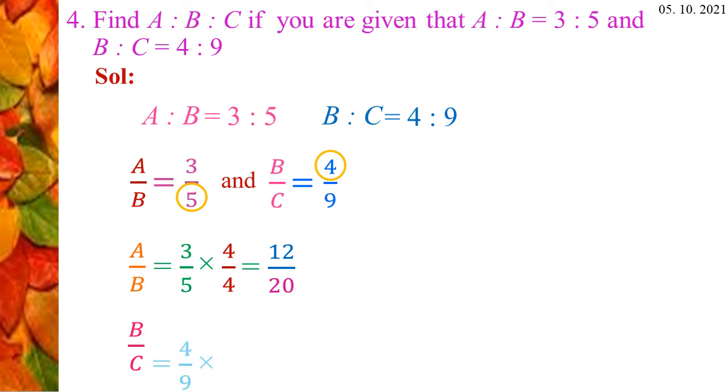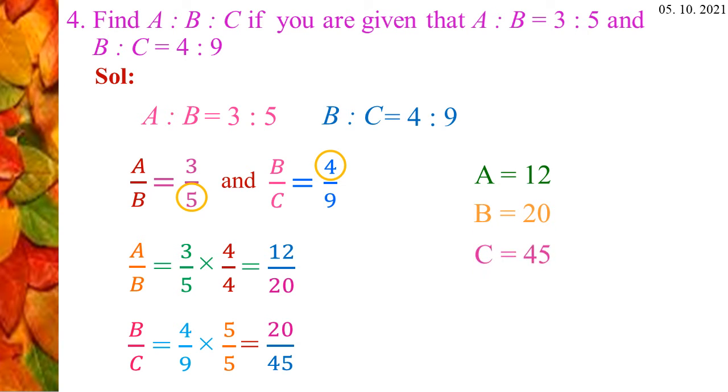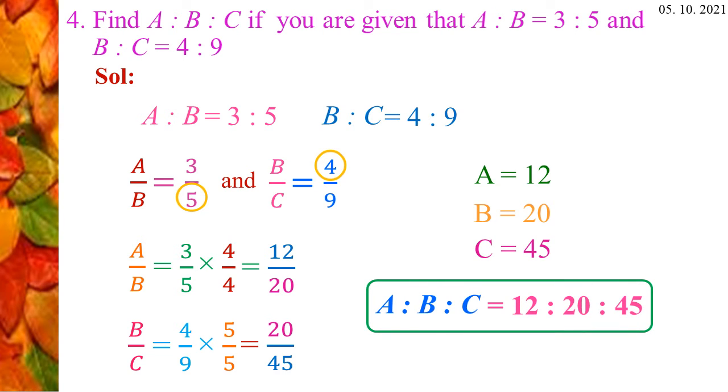Then take B by C equals 4 by 9 and multiply by the first B value, 5. 4 fives are 20, 9 fives are 45. Now A equals 12, B equals 20, C equals 45. Now B has the same value. So A is to B is to C equals 12 is to 20 is to 45.